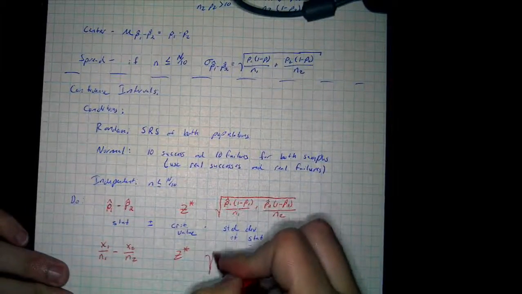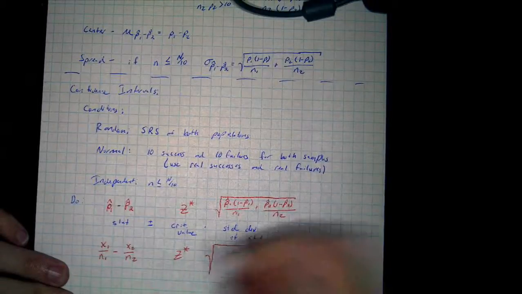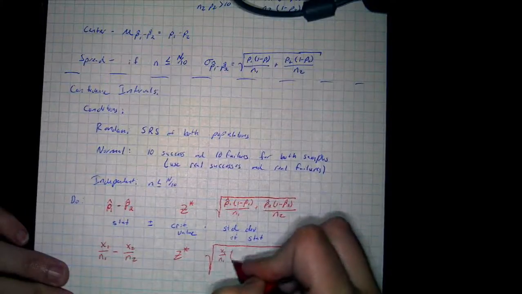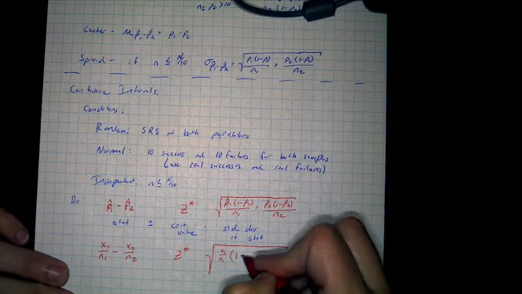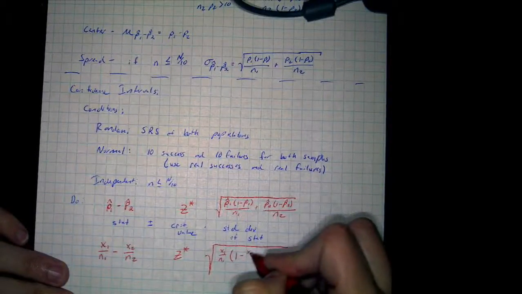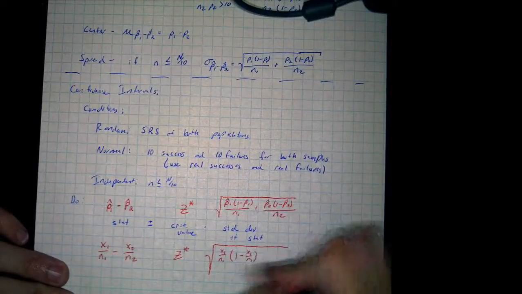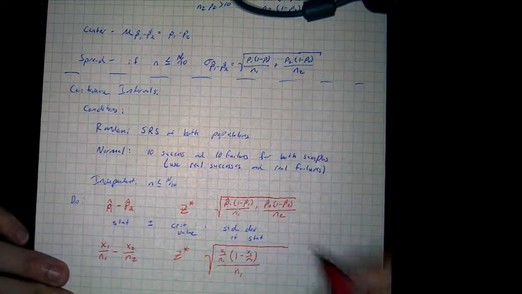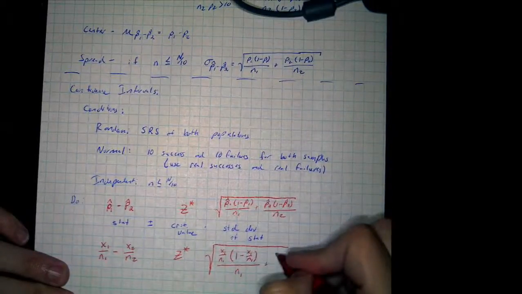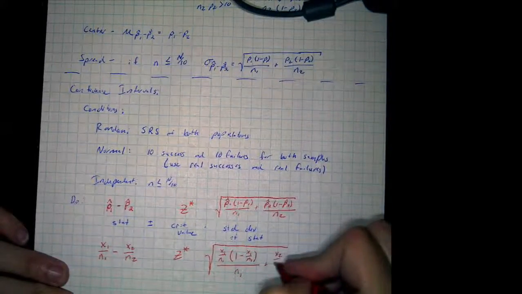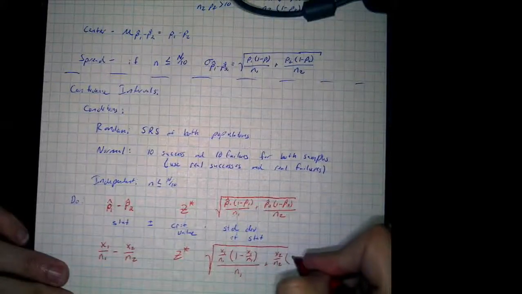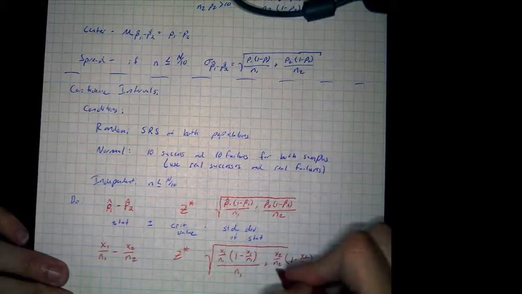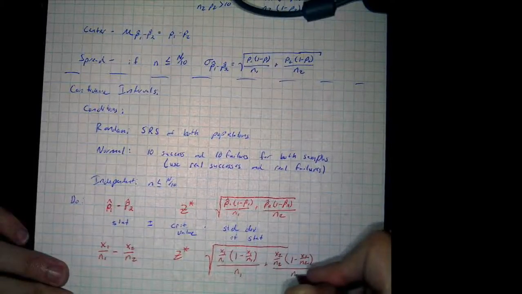And then the square root of x1 over n1 times 1 minus x1 over n1, all over n1, plus x2 over n2 times 1 minus x2 over n2, all over n2.